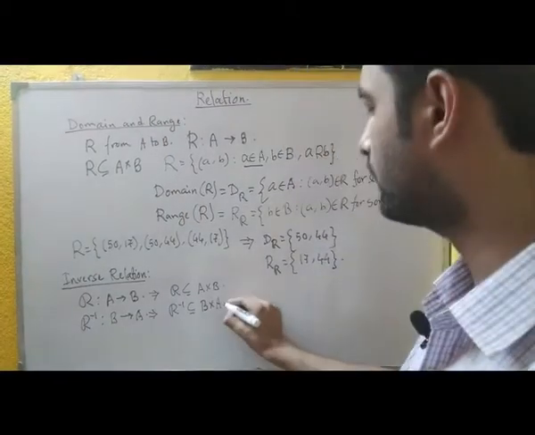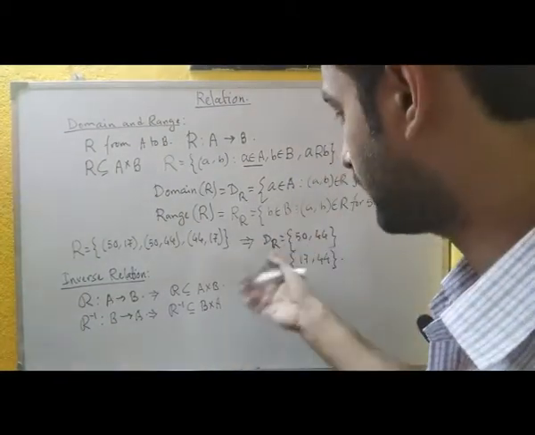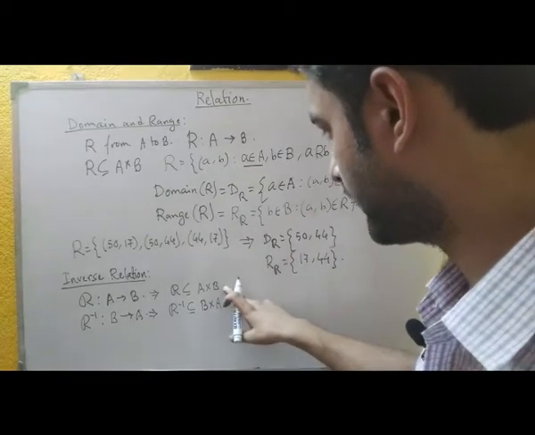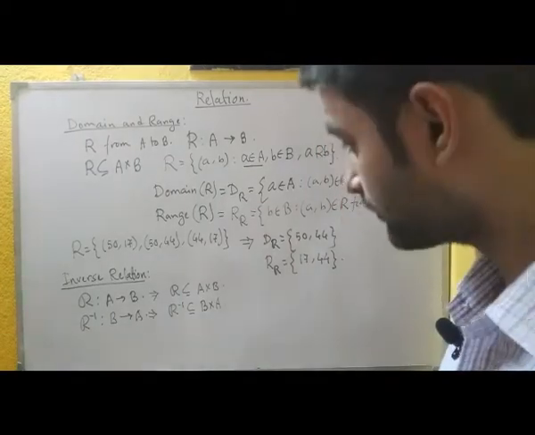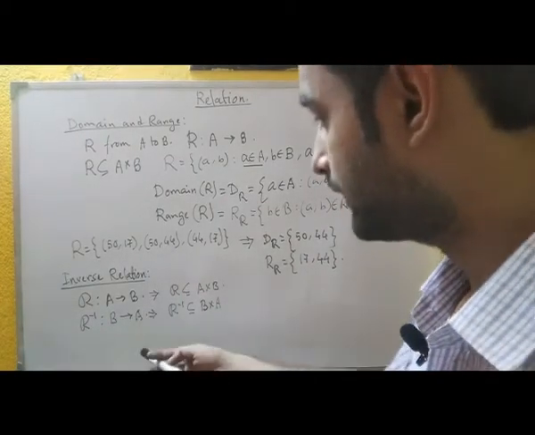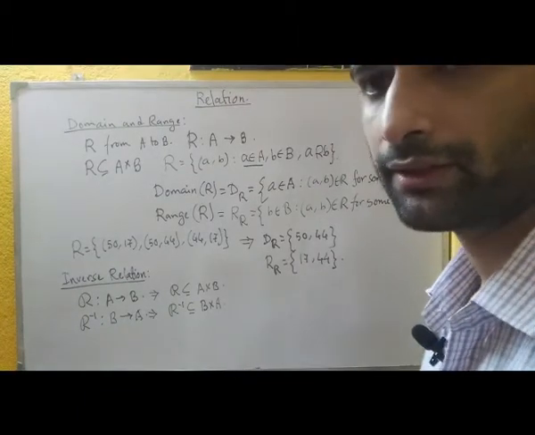See, R and R inverse are different relations that are expressed differently, because we know that A cross B and B cross A are two different sets. In that sense, we can say that R and R inverse are very much different.